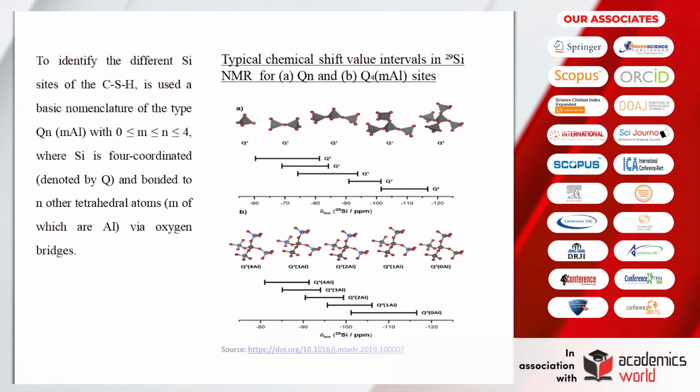Also, they are connected with M elements. On the right, we have a picture with the chemical shift of all these species and a graphic picture of all silicium sites and silicium-aluminum sites, and how they are connected together.